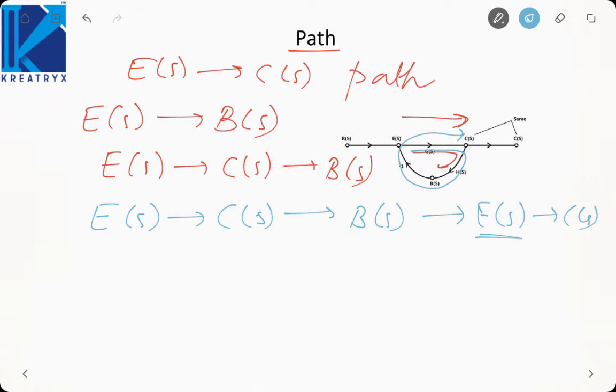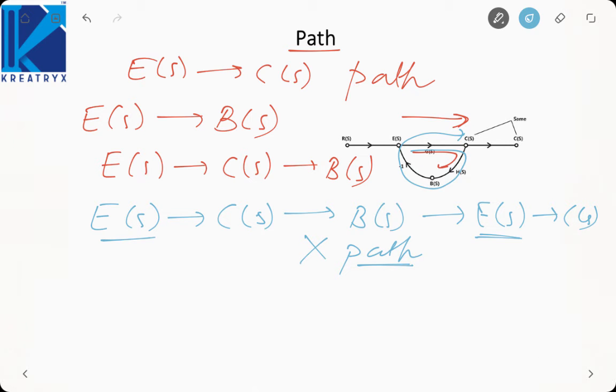So here ES is being traversed twice, so this is not a path. So remember, a path is nothing but a way of going from one node to the other node, but we need to keep in mind that one node should not be traversed more than once. Okay, so that is the path.